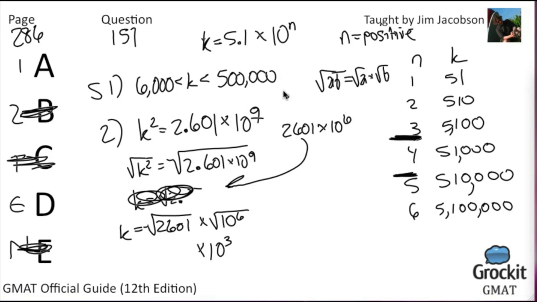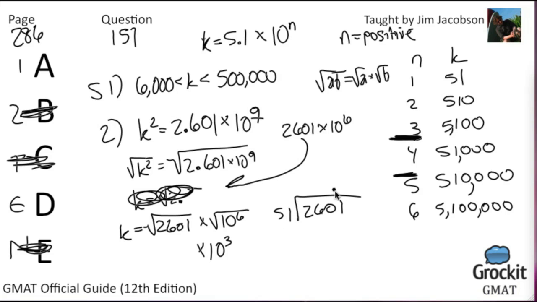But really, the question can only really be one thing. The question is, is 2,601 divisible by 51 on some level? Because all of our answers are 5.1 or 51, so just divide 2,601 by 51. If it comes out to be an even multiple, then we're set and the statement is sufficient.